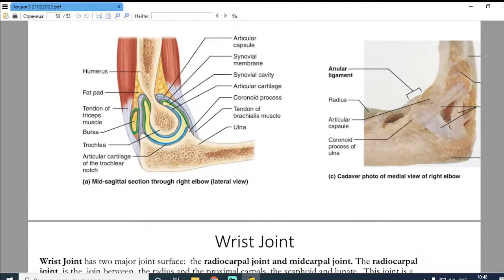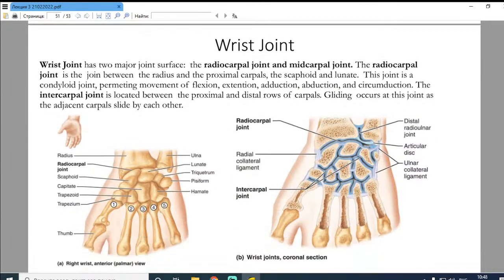Now you see the wrist joint. It has two major joint surfaces, the radiocarpal joint and the midcarpal joint, an intercarpal joint.